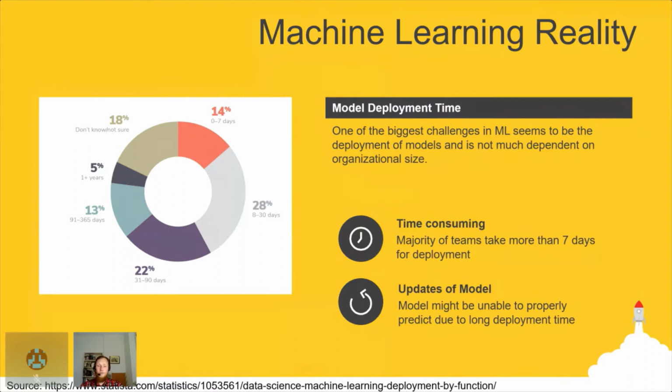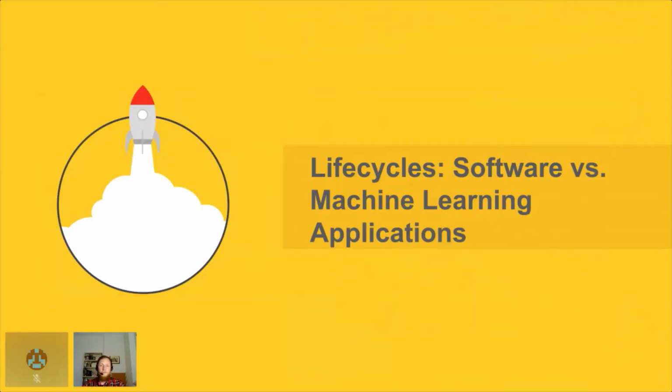And even if you want to update your model, it takes at least that long. So that's the reason why I thought about this topic and how I want to address it, because I think this is a huge challenge and there have got to be some ways to face it. And the first topic I want to cover regarding this overall complex is the difference in life cycles.